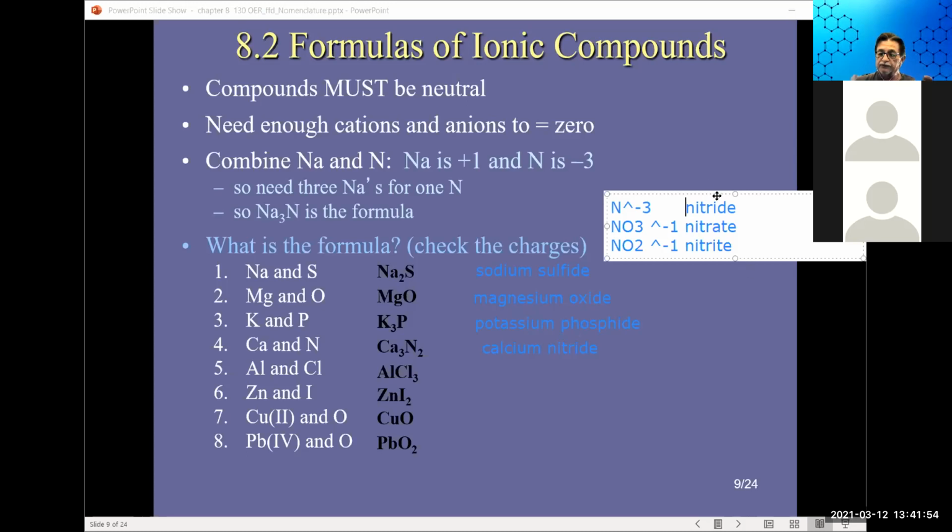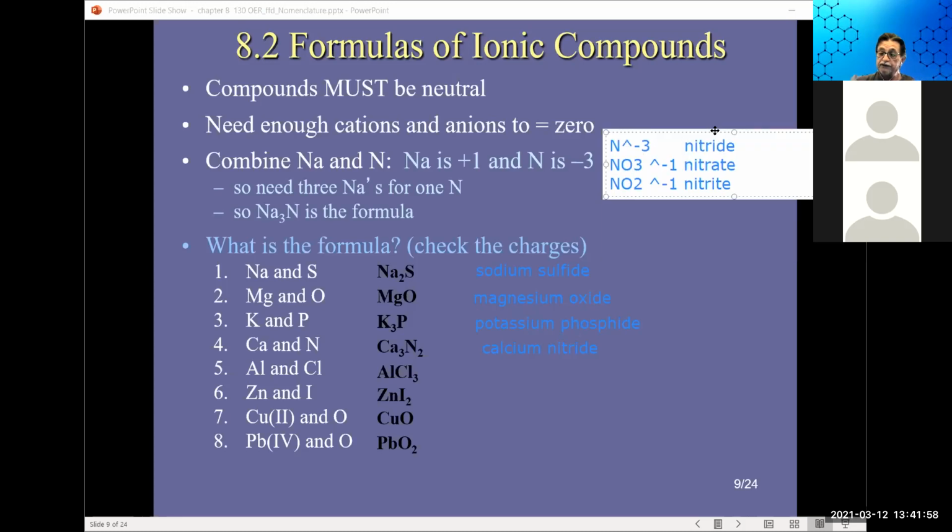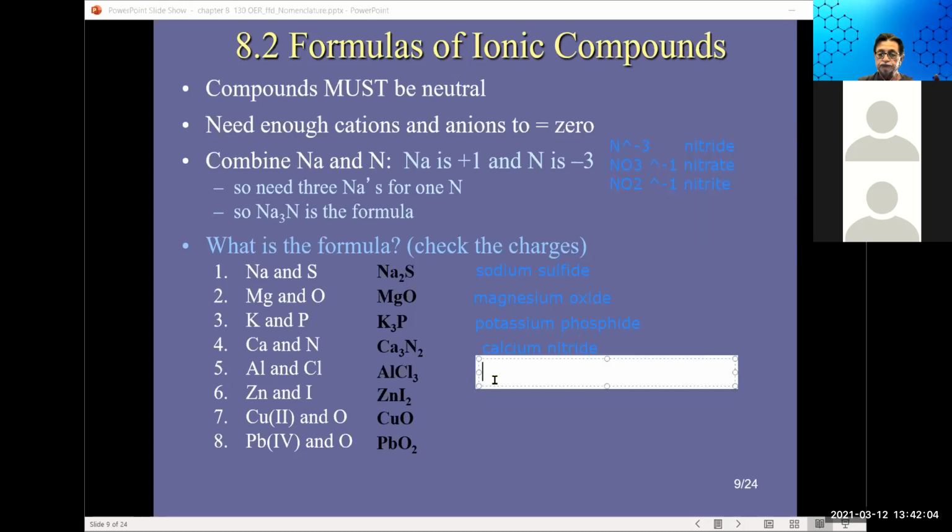You can go through the same scenario with the sulfide and the sulfate and the sulfite. Which is a good thing to know because sometimes you're given a name, sodium nitrate, write the formula. When you see nitrate, boom, that sends you to the polyatomic ion table. If it says nitride, you're dealing with a single nitrogen.